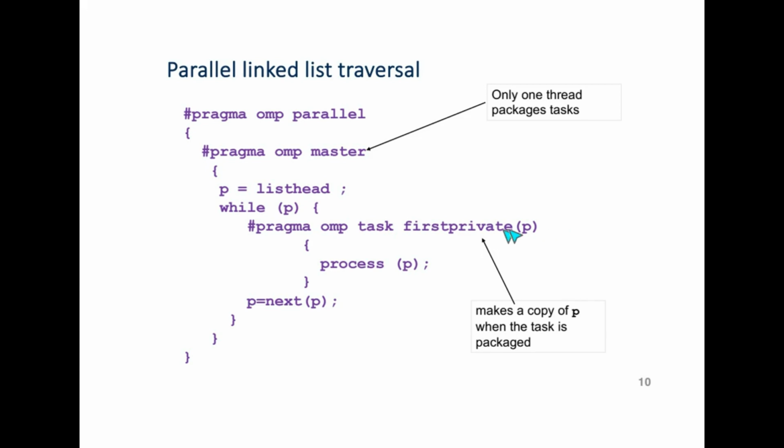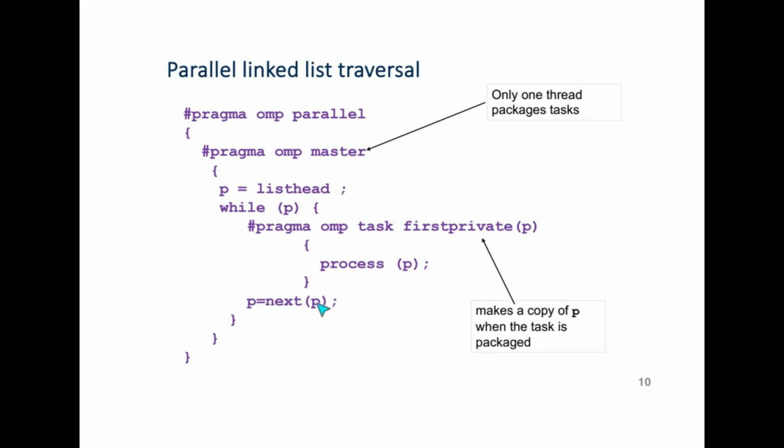Okay. So in this case, what firstprivate does here is that it makes a copy of P for every single task, and when the task is generated by the master thread, it records the current value of P in that private copy, so that when the task comes to get executed, it uses the right value of P, okay?